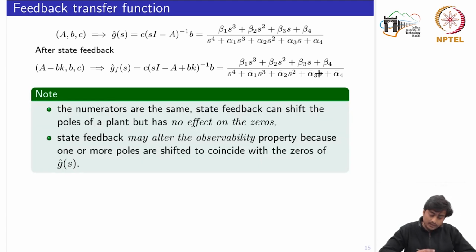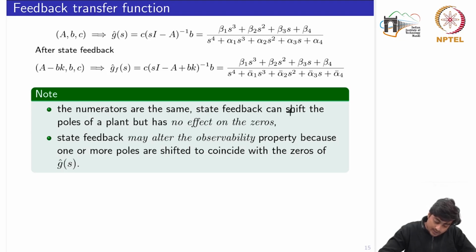So there are many important things to note here. First, in both the transfer functions of the plant and of the closed loop system with state feedback, the numerators remain the same. If you compute the roots of this numerator and of this numerator, the roots would remain the same, which are basically the zeros of the system.